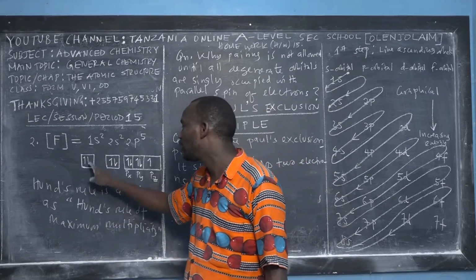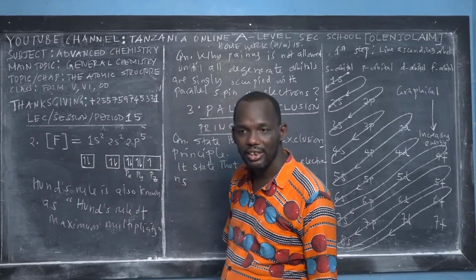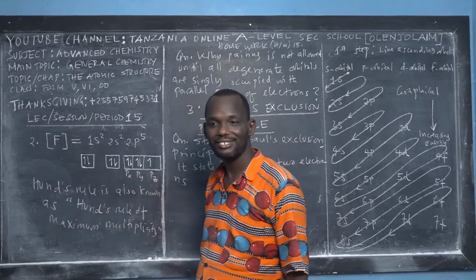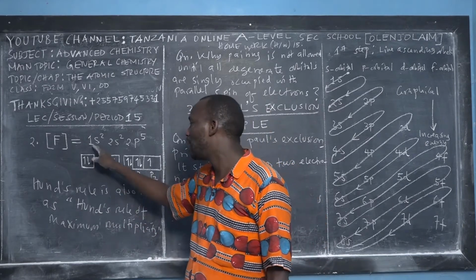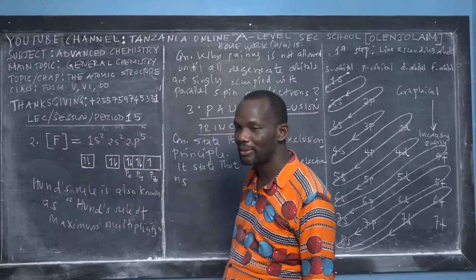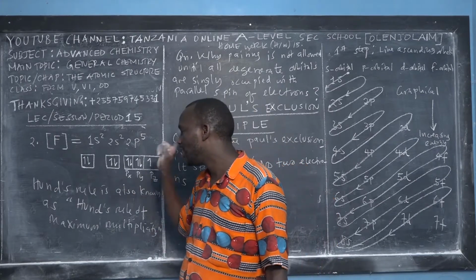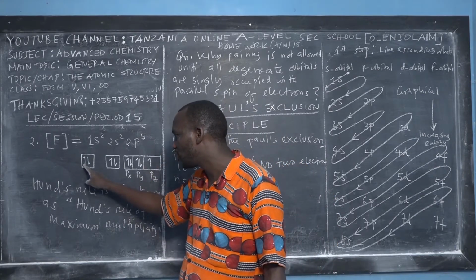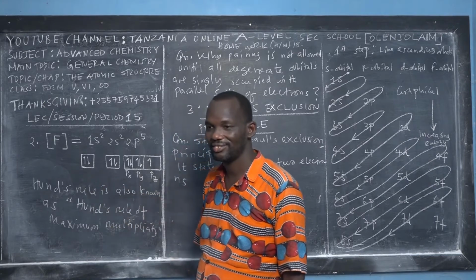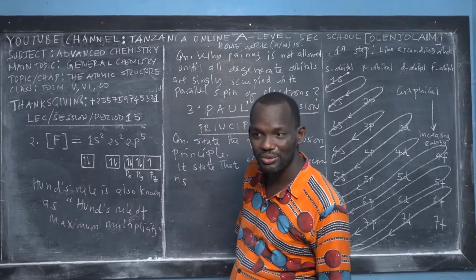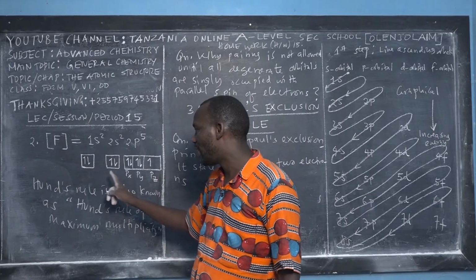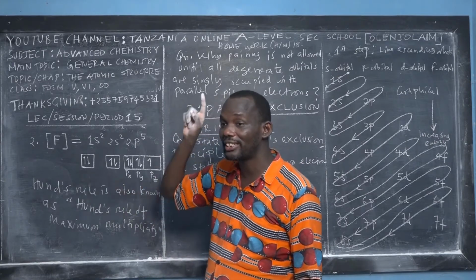These electrons have the same principal quantum number, right? n is equal to what? 1. And when n is equal to 1, the value of the subsidiary quantum number l is equal to 0. So 0 is the subsidiary quantum number for these electrons and also for this electron. Chemistry is beautiful. So these two electrons have the same subsidiary quantum number.